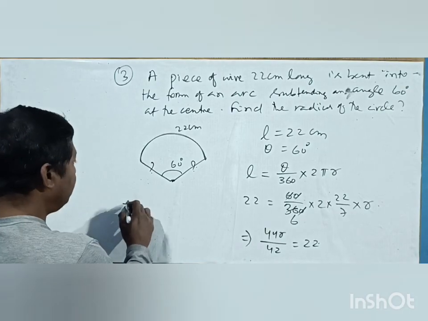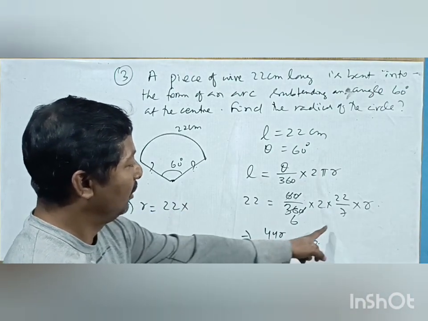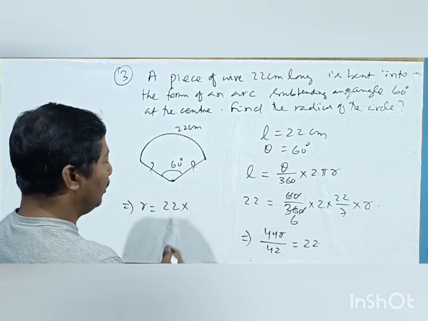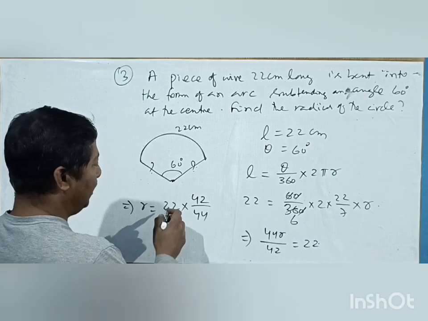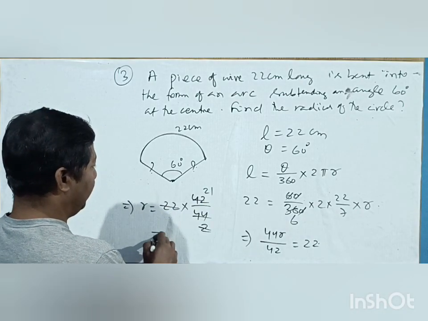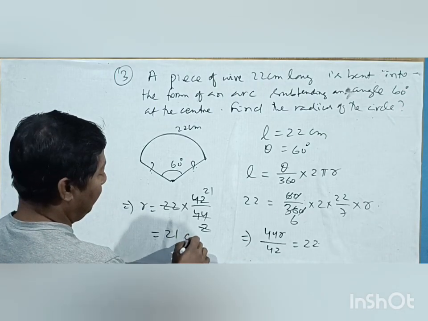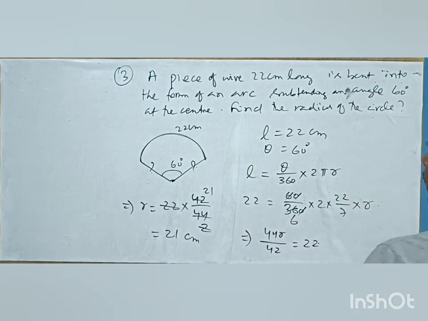So r will be 22 into 42 by 44. Cancelling, 22 twos are 44, 2 twenty-ones are 42, so 21 cm. This is the answer.